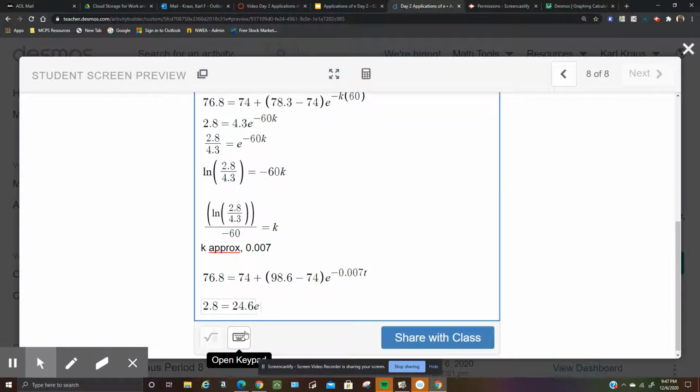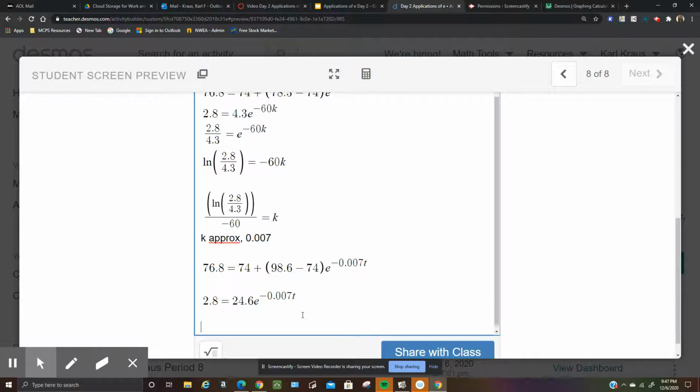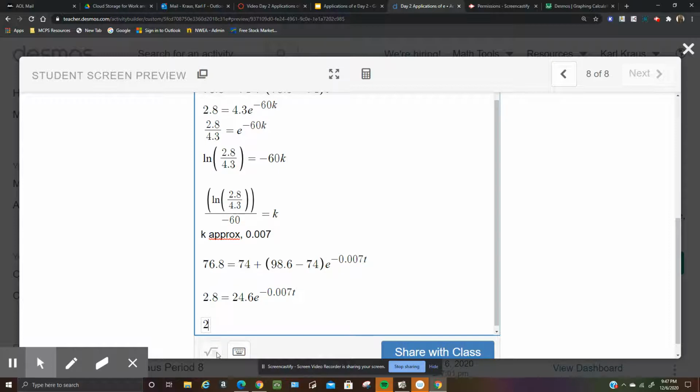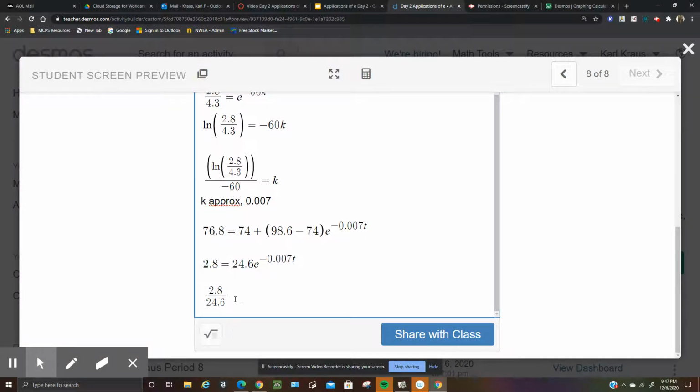And then E exponent negative 0.007 T. And 2.8 over 24.6 equals E exponent negative 0.007 T.